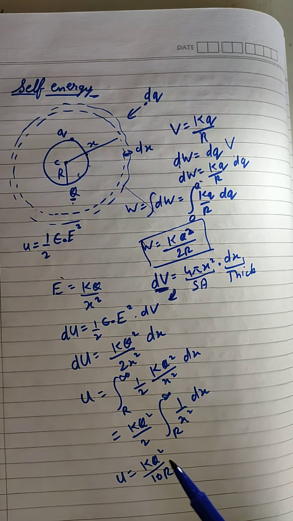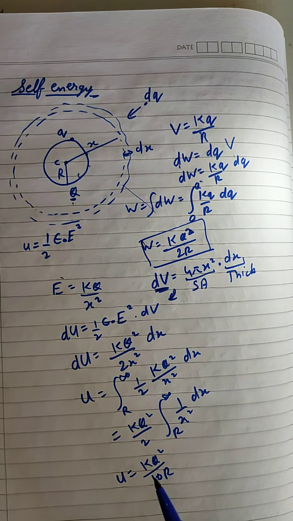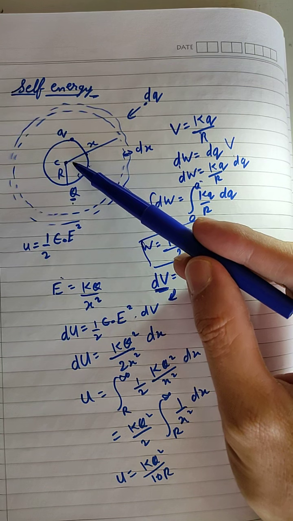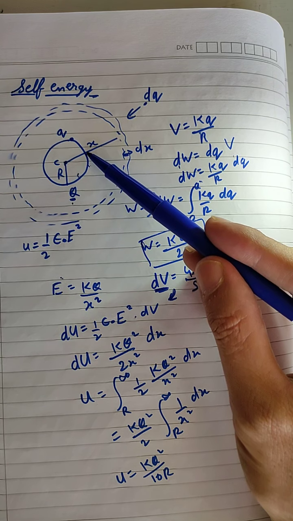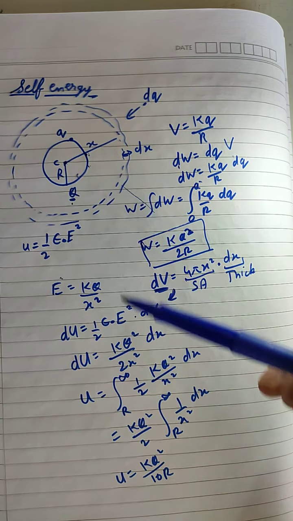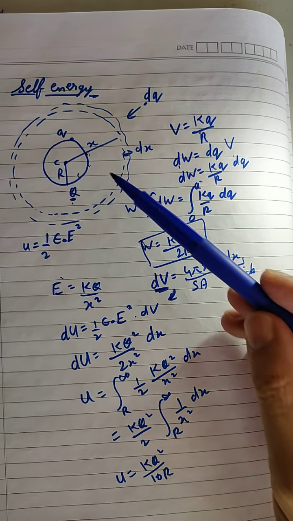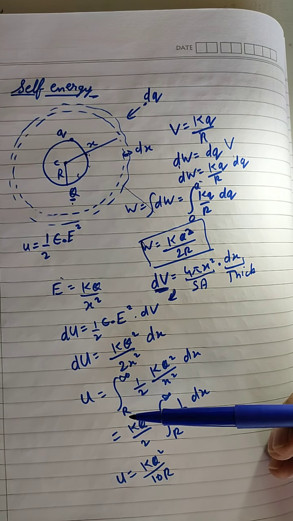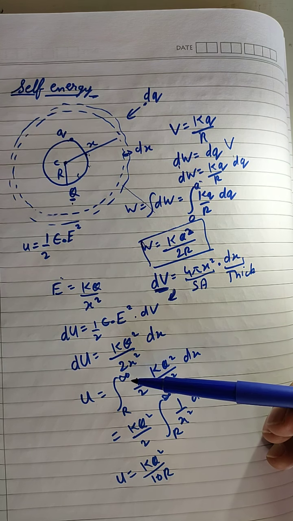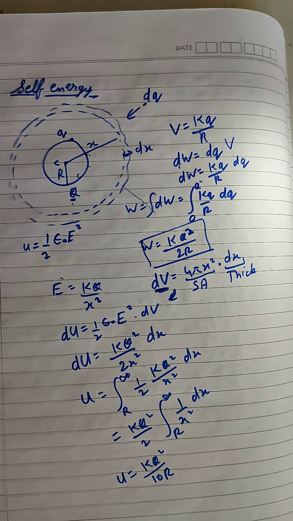Where are we integrating from? We know that the electric field does not start from the center of the conductor, it starts from the surface of the conductor. So the starting limit of the electric field will be r, and since the electric field is extending to infinity, our limits will be from r to infinity.